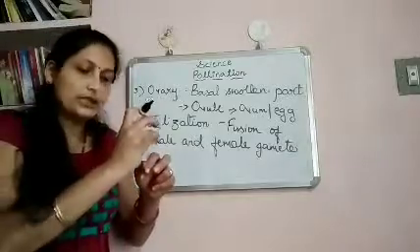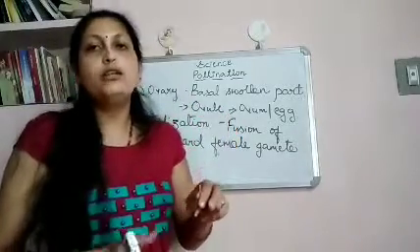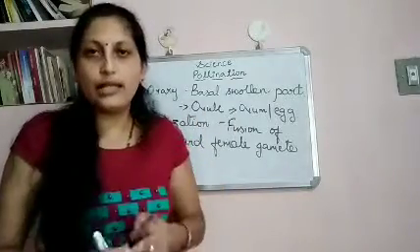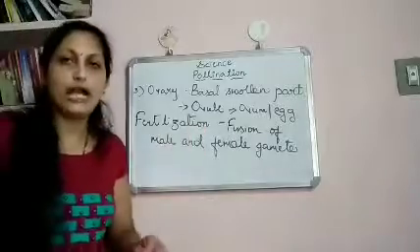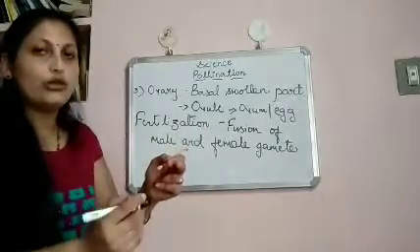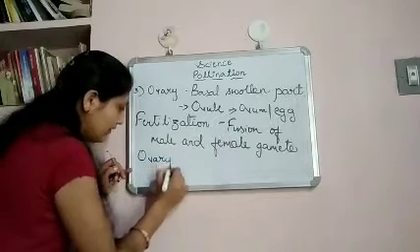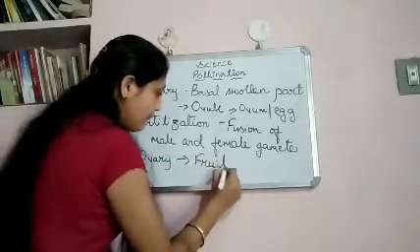So once the pollen grains reach the stigma, they pass through the style and they reach the ovule. There both egg and pollen grains fuse together and they develop into seed. After fertilization, what happens? The ovary develops into fruit.